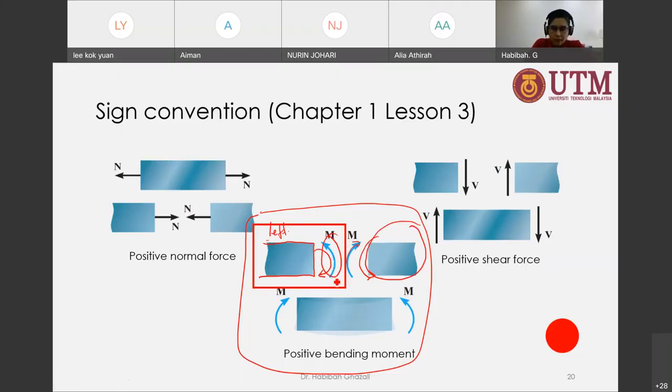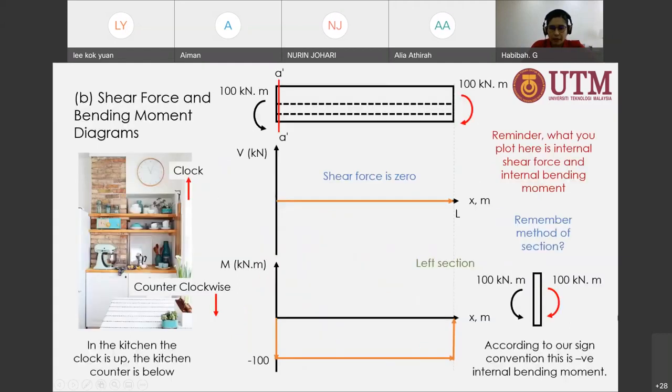This is internal bending moment that is positive. So when it is clockwise, it is going to be negative. So if we go back to what we have calculated here, you see that this internal bending moment for this part is going clockwise. So that is going to be negative. That's why when we plot it down here, it is negative.